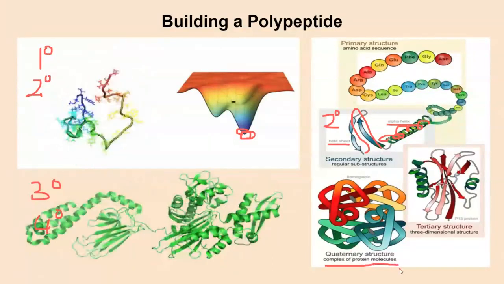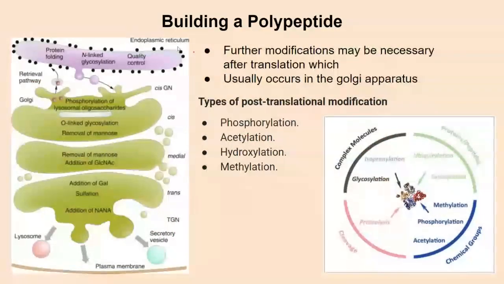Sometimes it's still not functional though, and the proteins from the endoplasmic reticulum will be delivered to the Golgi apparatus in a vesicle. And as the vesicles travel through the Golgi apparatus, different things can happen, such as chemical post-translational modifications, which includes phosphorylation, acetylation, or methylation.